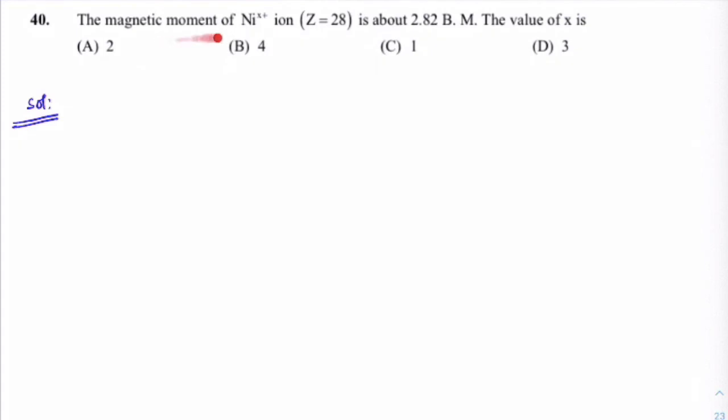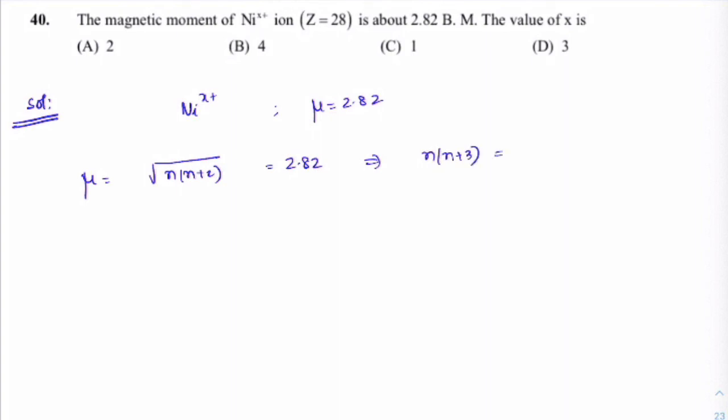See the next question. The magnetic moment of nickel X plus is given as 2.82. By formula, magnetic moment is the square root of n into n plus 2, where n is the number of unpaired electrons. That is given as 2.82, which implies if I square both sides, n into n plus 2 will be equal to 8, right?